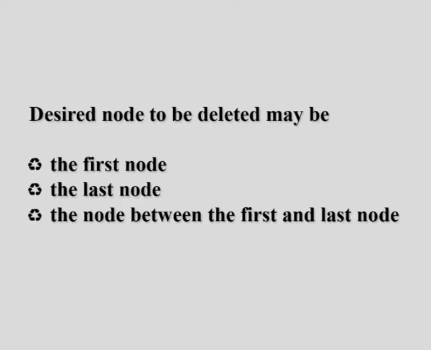But if the desired node is in between the first node and the last node, then we need address of two nodes. One, the address of desired node to be deleted, and other, the address of node preceding the desired node.